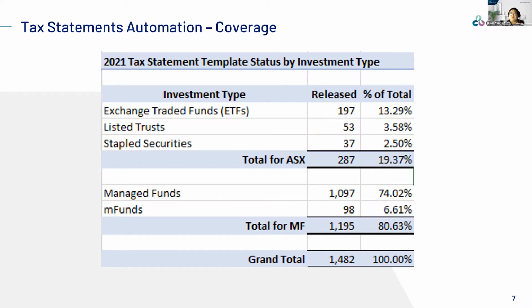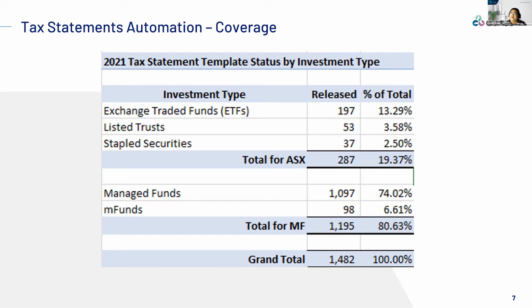We pretty much cover all the ASX listed securities, including very popular exchange traded funds, which I mentioned previously, and there are listed trusts and stapled securities. The period for this project starts from 1st July 2021, and the coverage is to 31st January 2022, when we compiled those nearly 1,500 tax statement templates.